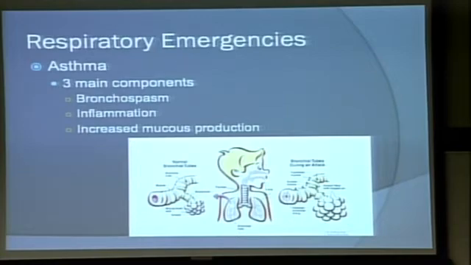Asthma. Your three main components of asthma are bronchospasm, inflammation, and increased mucus production. So I got a little pointer here. Oh yeah, it works. With normal bronchial tubes and alveoli on this side, during the asthma attack you get narrowing of the bronchi, and the alveoli fill with trapped air, because the big problem is you can't get air out.